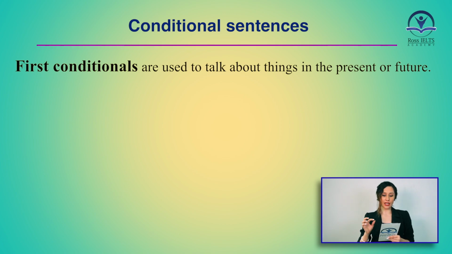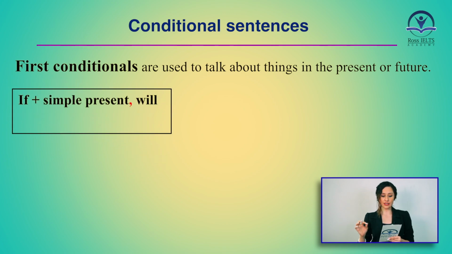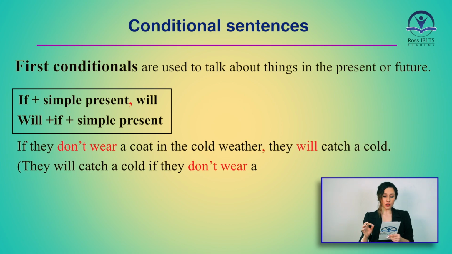You can use if plus simple present, comma, will. Or will plus if plus simple present. For example, if they don't wear a coat in the cold weather, they will catch a cold. Or they will catch a cold if they don't wear a coat.